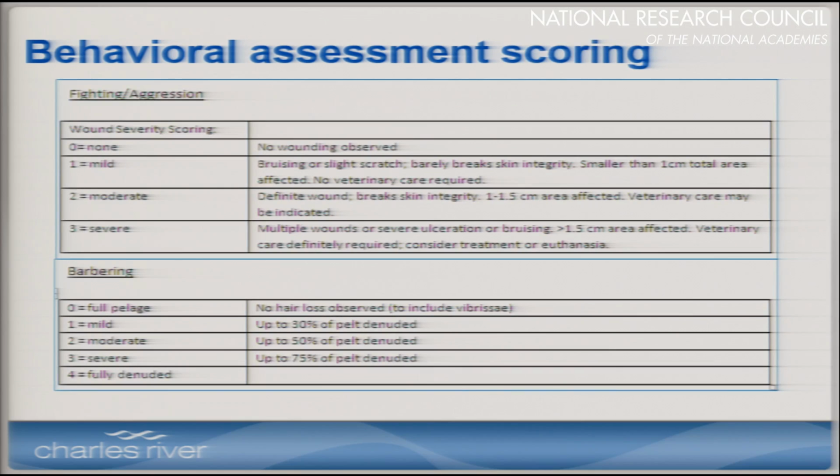So this is just an example of behavioral assessment scoring for fighting and aggression on the top and barbering. And it was graded, so we had training provided to the staff so we could have a consistent grading scale when these staff did their daily or weekly routines with the animals. And that data was collected and then collated and sent to our behavioral staff that would then evaluate it.